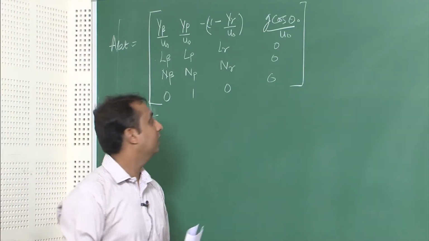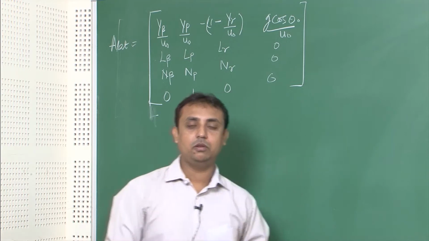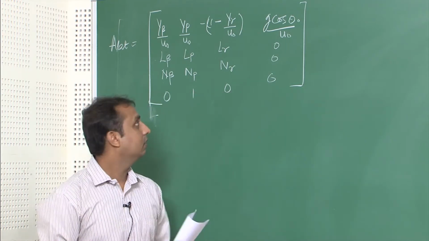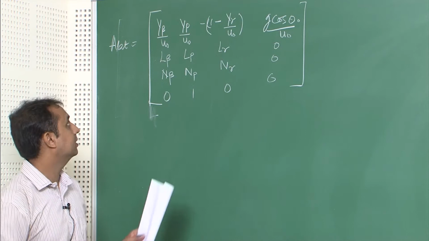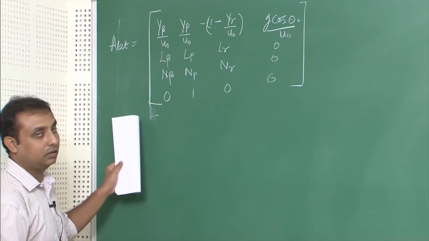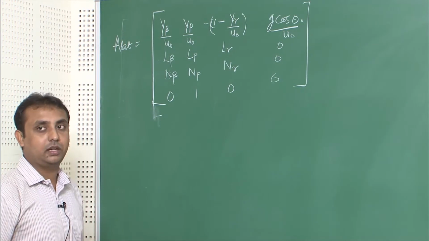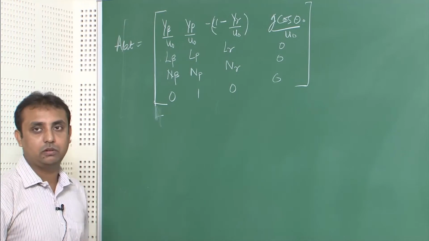Previously you saw the characteristic equation of the longitudinal mode. Now we are doing a problem on the lateral mode, and here also the lateral matrix is given by this derivative formula. The roots of the lateral direction characteristic equation are spiral, roll and Dutch roll.